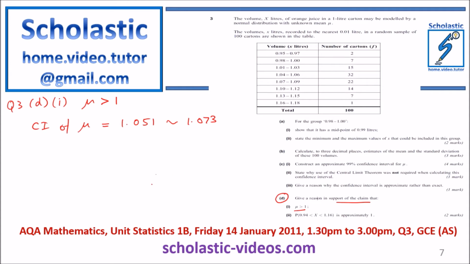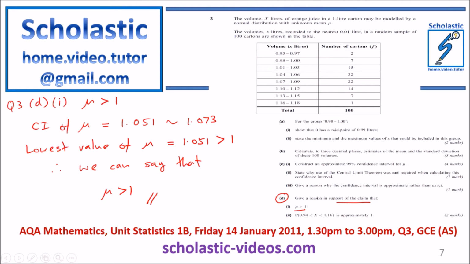So the lowest value of mu in the confidence interval is 1.051, which is greater than 1. Therefore, we can say that mu is greater than 1. So that is the answer to part 1.